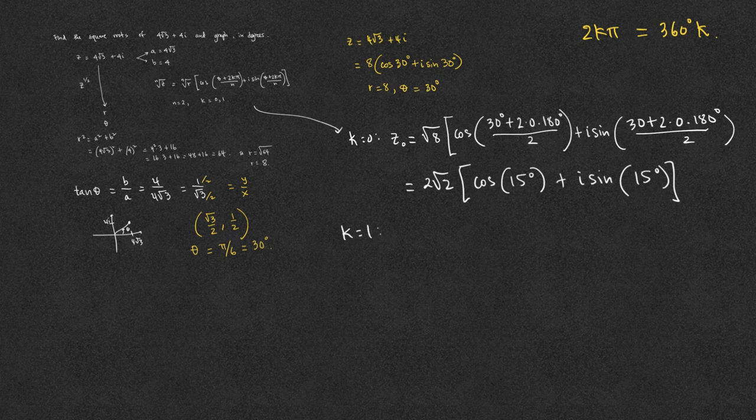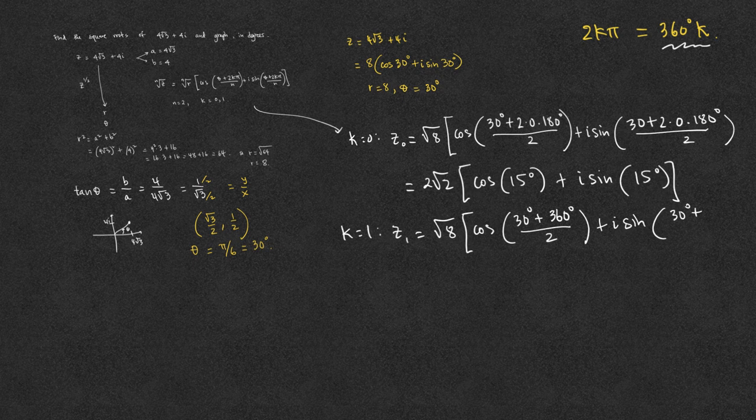When k equals 1, the second solution is root 8 times cosine of 30 degrees plus, this time with k equals 1, 1 times 360 degrees, over 2, plus i sine of 30 degrees plus 360 degrees over 2.